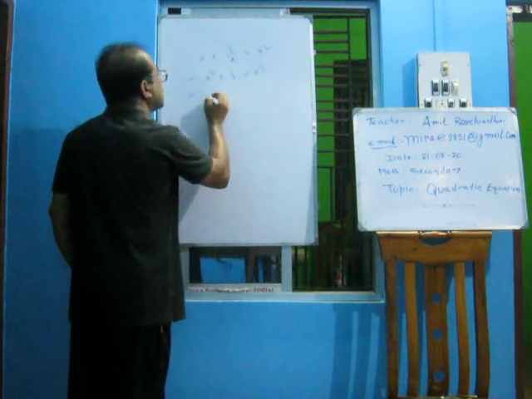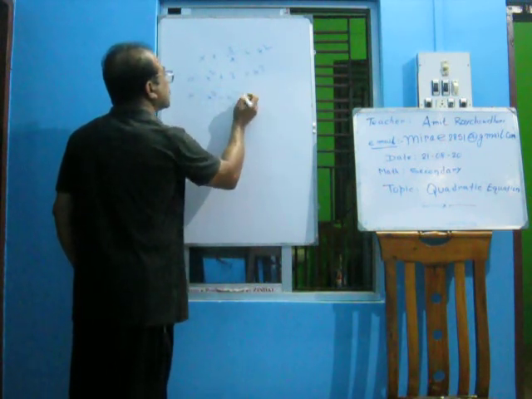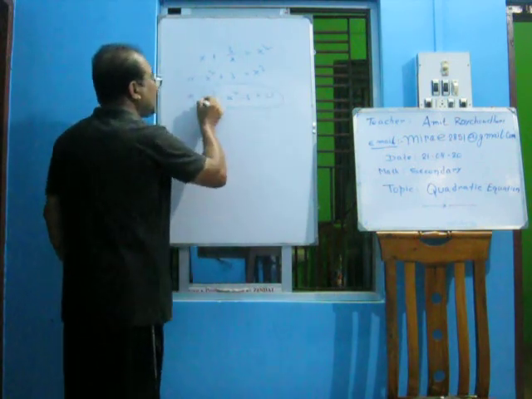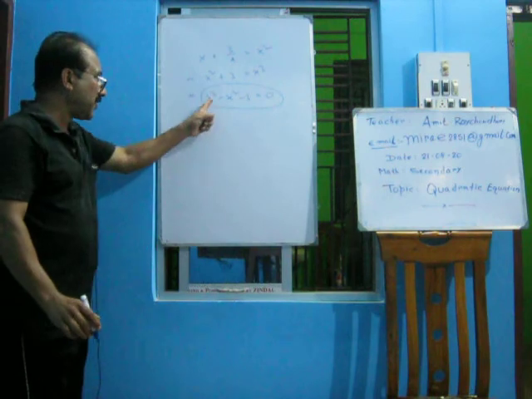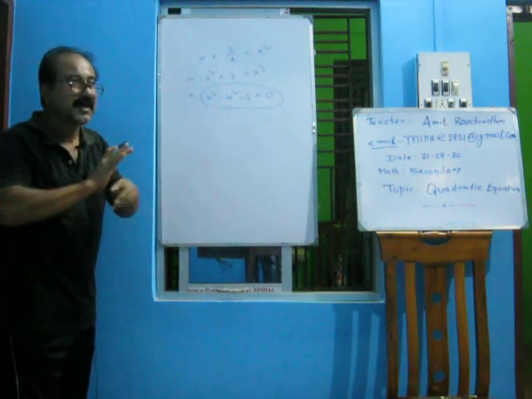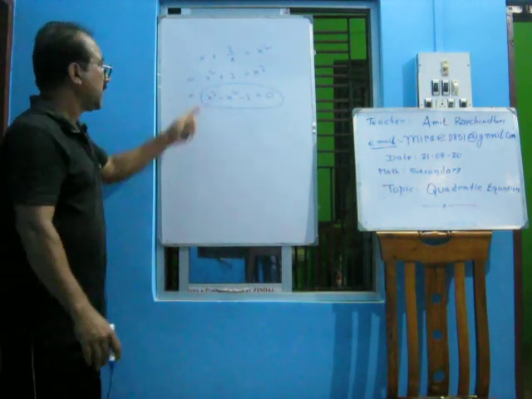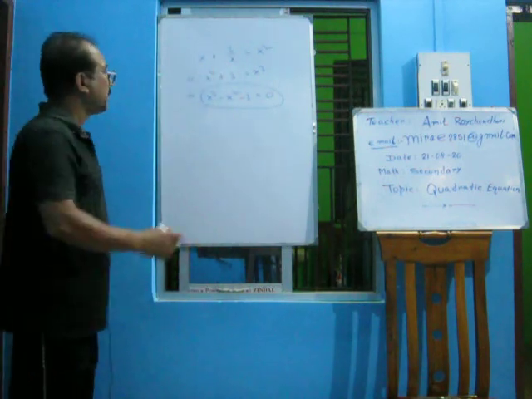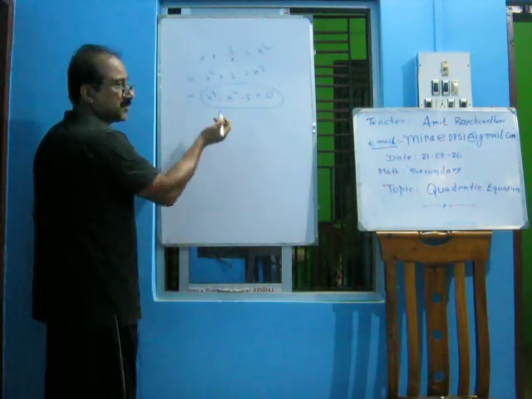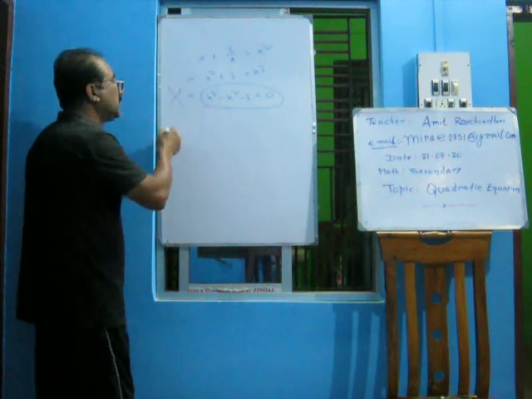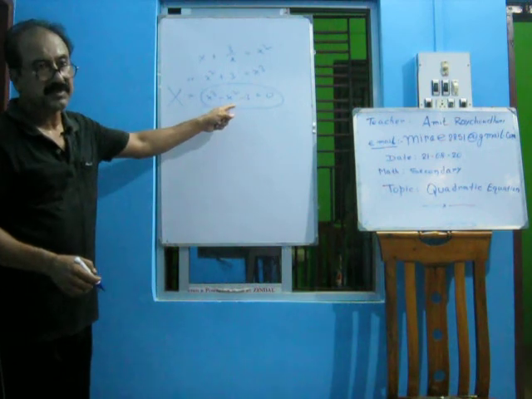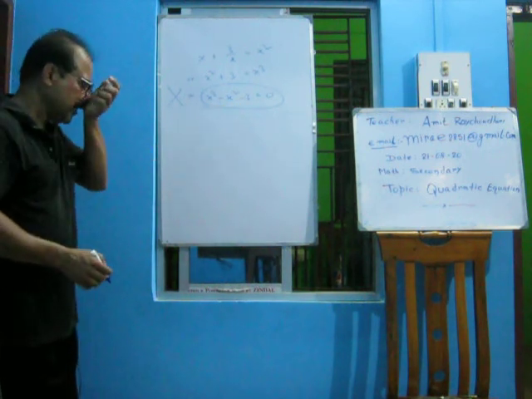So it comes as x cube minus x square minus 3 equal to 0. The variable has the power of 3, so it cannot be treated as a quadratic equation. It is clearly a cubic equation.